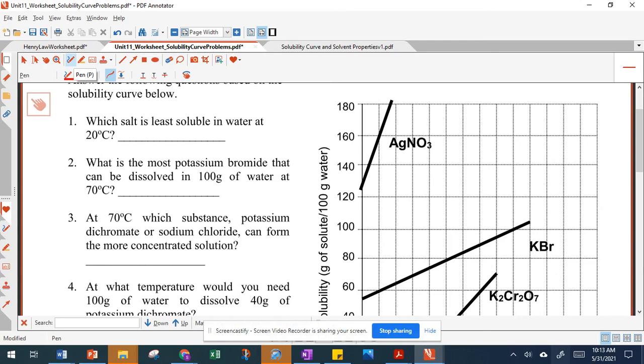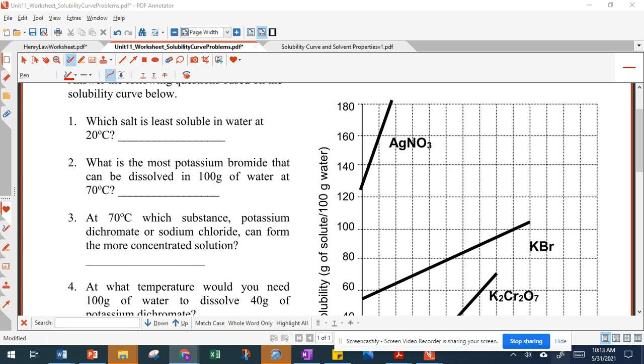So now I want to go over a few different types of problems on your solubility curve worksheet to show you the thought process. First of all, when you get a question like which solute is least soluble, or if it were to say most soluble, in water at a particular temperature, it's talking about the least number of grams at 20 degrees Celsius.